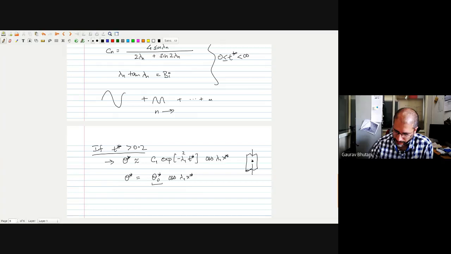So the temperature at the center line. So if I put my x star equal to 0, I get the temperature at the center line. So that is theta star naught. Okay, so this coefficient that you have here is the same as the theta star value at the center line. So we tend to write the solution as this.